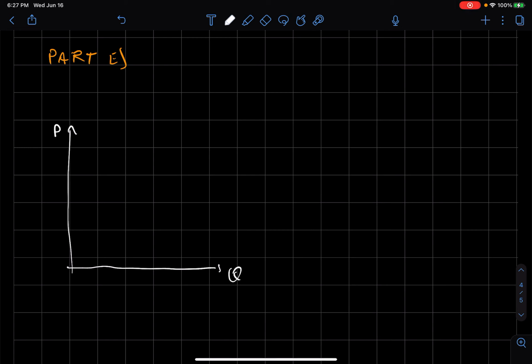Okay, so we have our downward sloping demand curve. We have price on the vertical, quantity on the horizontal. We already drew that, 10 and 10. Then we have our supply curve.